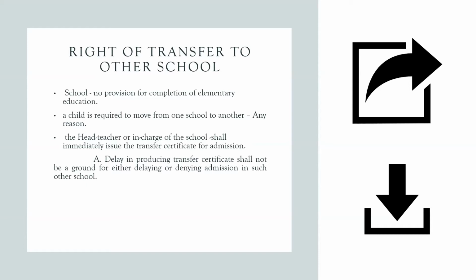And if there are any circumstances, as I mentioned previously, where there could be some foul play or some delay in issuance of the transfer certificate, then disciplinary action will be taken upon the headmaster or the in charge of the school. So this is something that we should know.